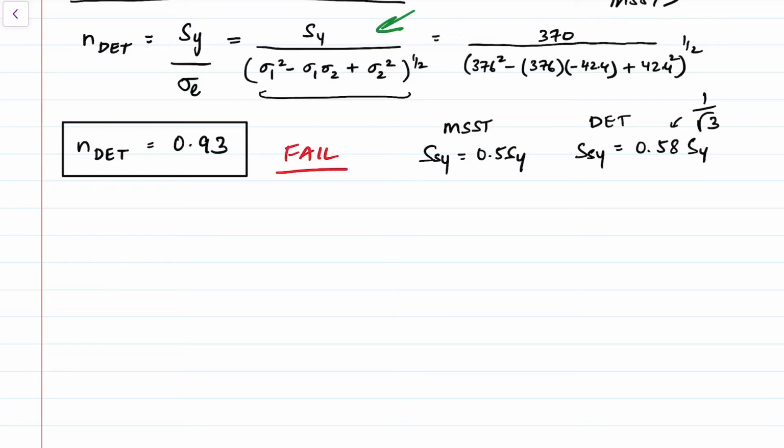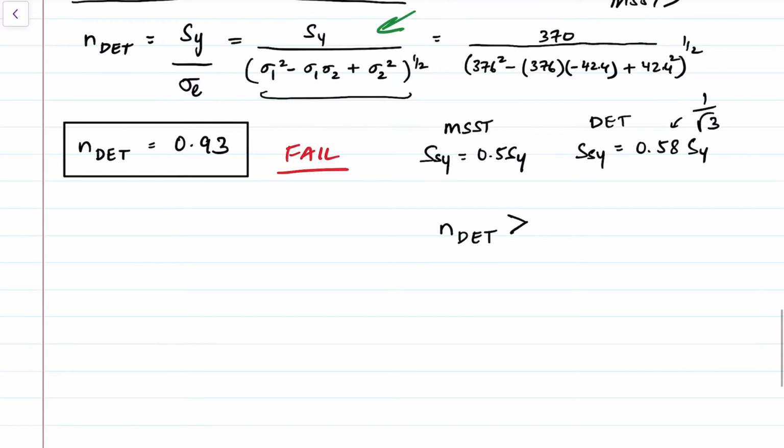And therefore, we can make the claim that N DET, the factor of safety in the distortion energy theory, is always greater than or equal to N MSST. And the reason I say equal to is in the case of uniaxial stress. So N DET is equal to N MSST when you have uniaxial stress.